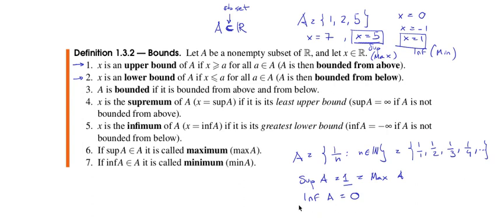Every negative number is a lower bound for A, but the infimum, the greatest of them, is 0. Any positive number, no matter how small it is, there's an n so large that 1 over n will be smaller than that positive number. So the infimum is 0, but 0 does not belong to A, so 0 is not the minimum of A.